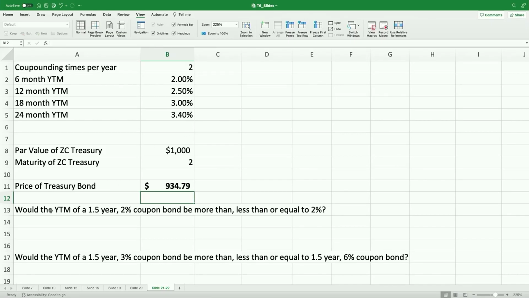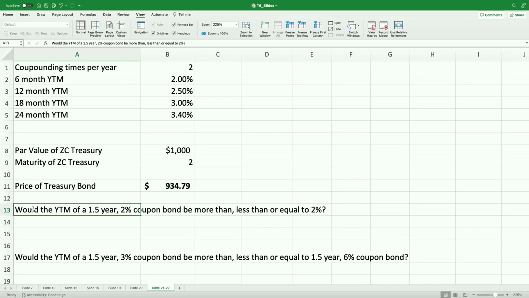All right, B says, would the yield to maturity of a 1.5-year, 2% coupon bond be more than, less than, or equal to 2%? Okay, so we could go through the process of calculating the yield to maturity for such a bond, or we can make the following observation about the individual spot rates for the 3 payments that correspond to this bond.